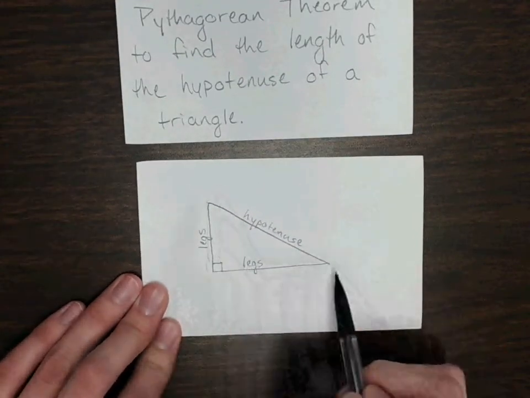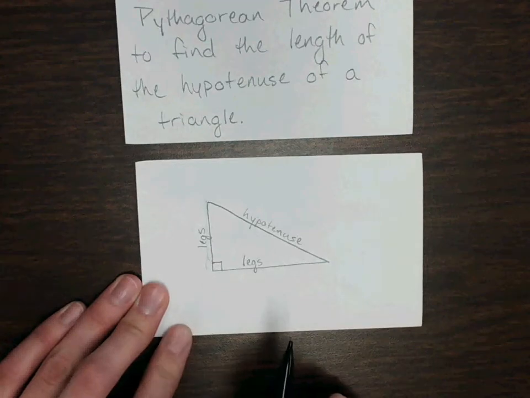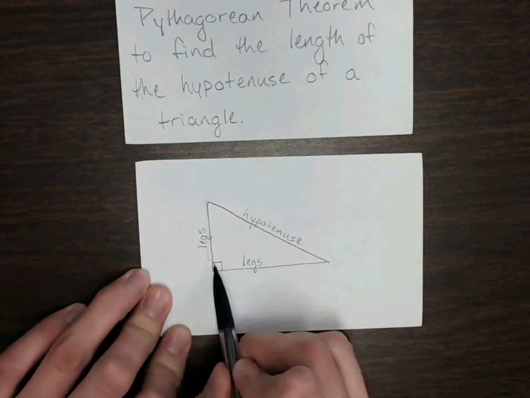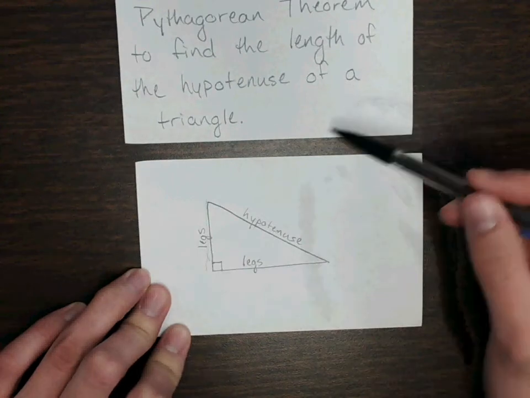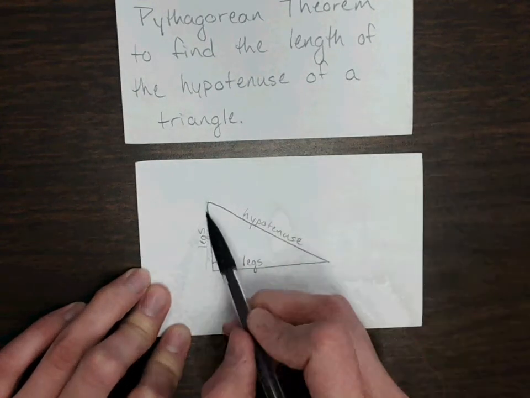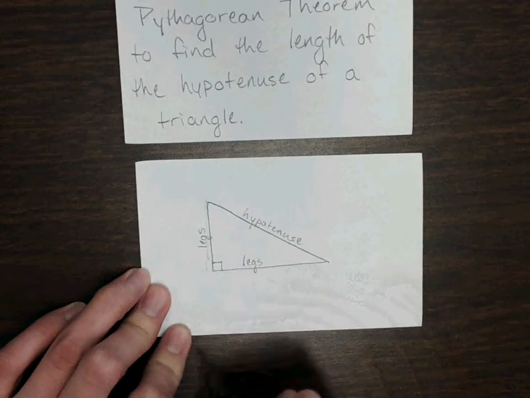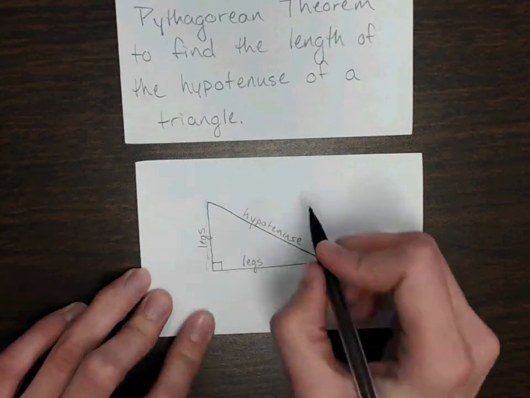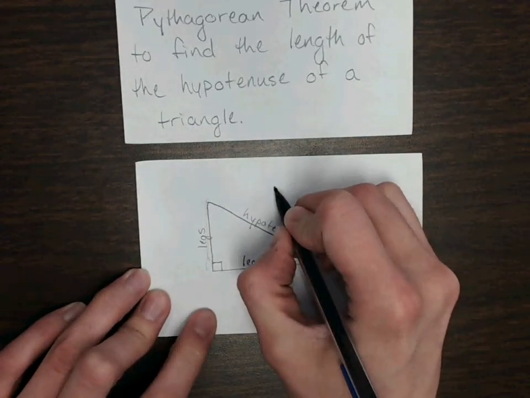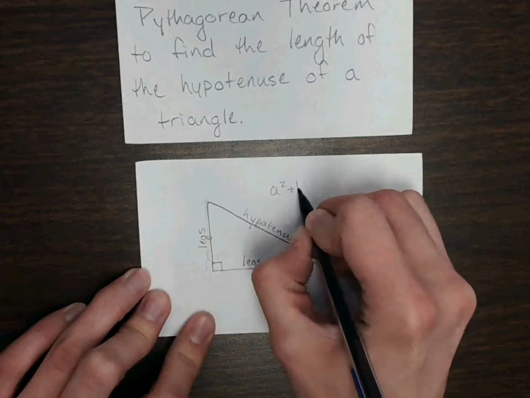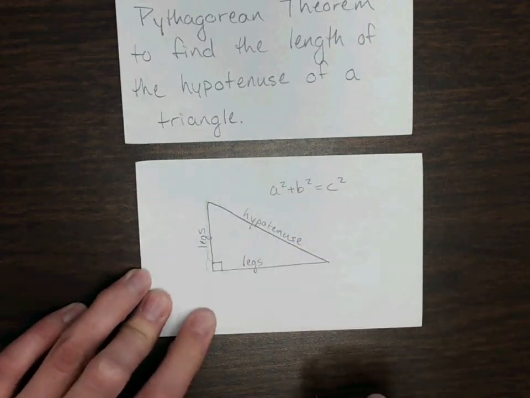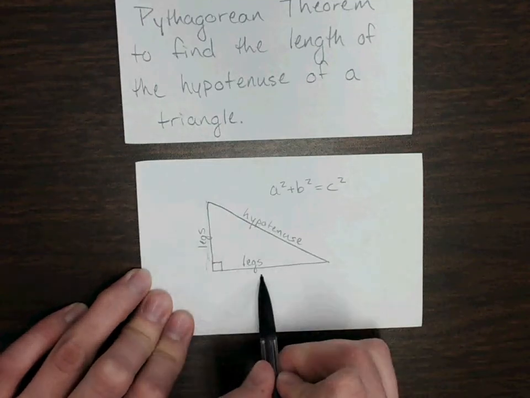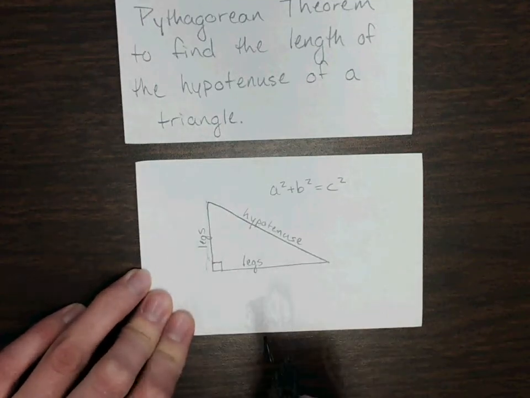If you want to write this diagram on your paper, you can if you want, but we just need to remember that the hypotenuse is what we're finding today, the length of this side, and we're going to use these two legs to find that. In Pythagorean's theorem, a squared plus b squared equals c squared, these all apply to our triangle. The legs are a and b.